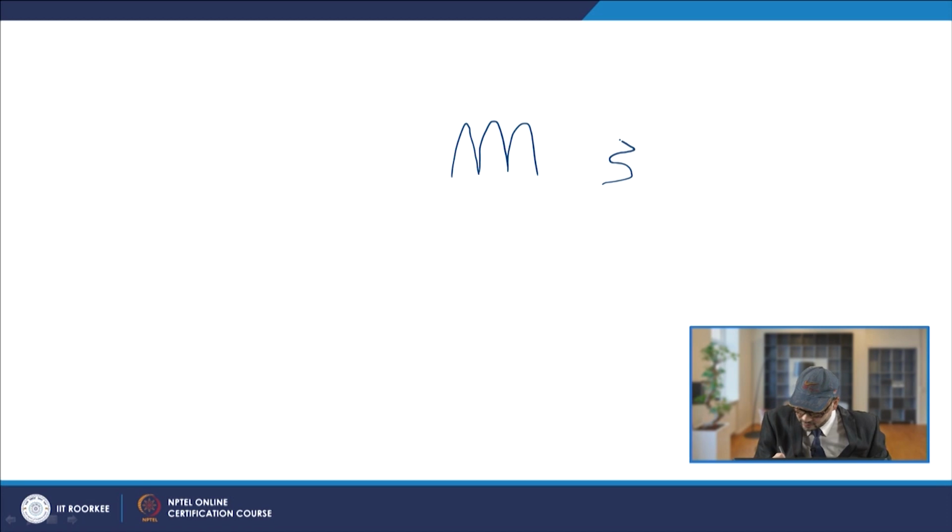It goes like this. So, this is your cellular type of solidification, and this is your dendritic.